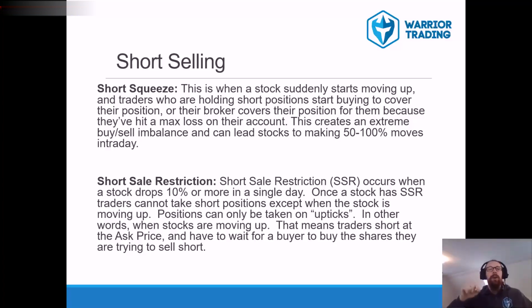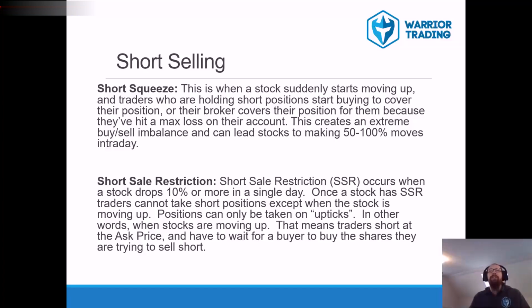They can only short on the ask. There is no such thing as a long buy restriction. A stock can be up 500% and you can still buy it on the ask. So this is the market creating these regulations to try to prop up stocks, to try to keep them from tanking. And nobody wants to have companies come onto the market and then go bankrupt.